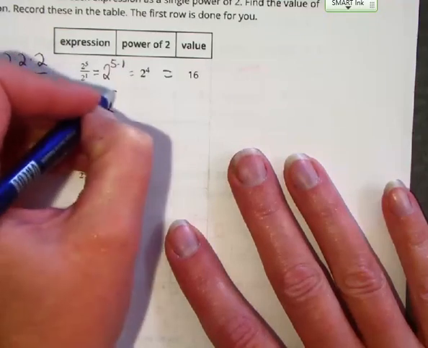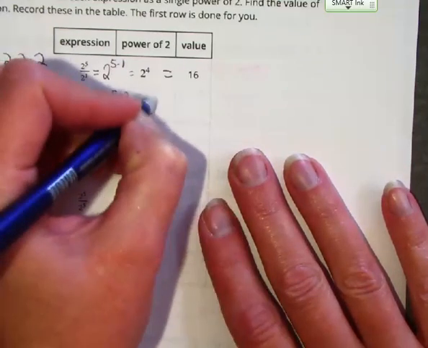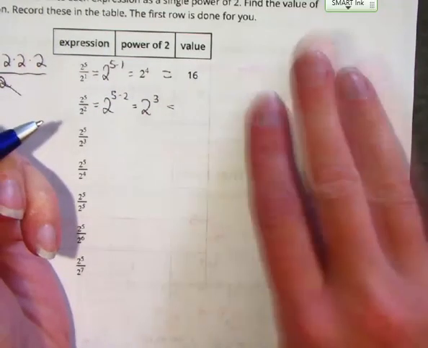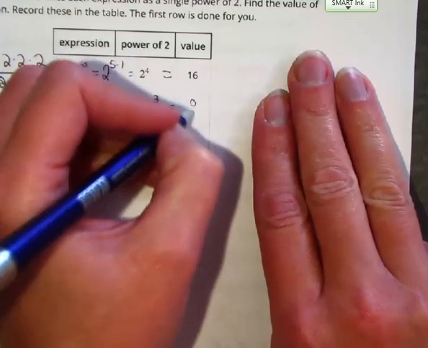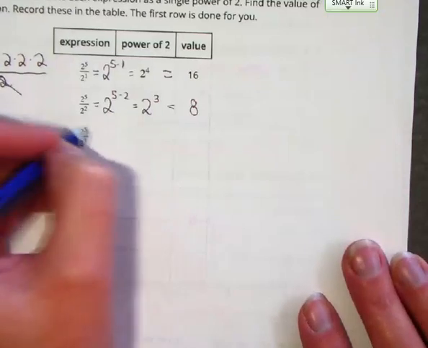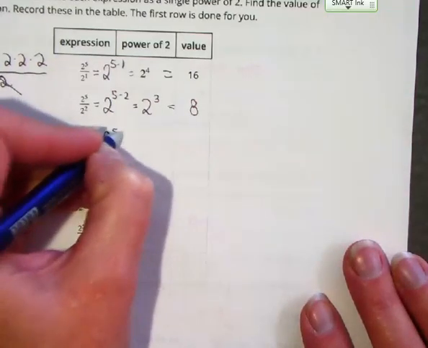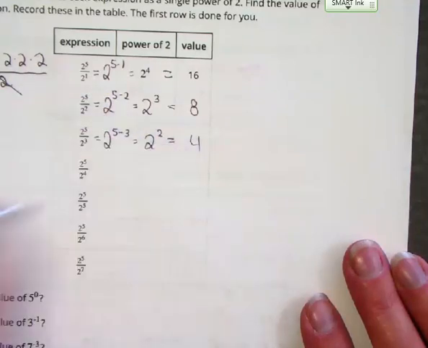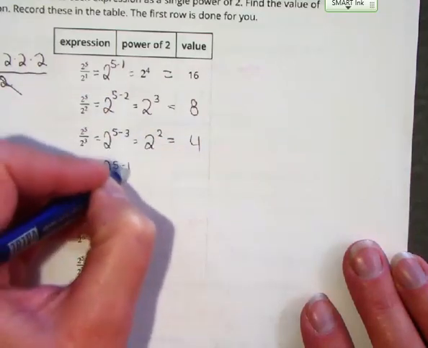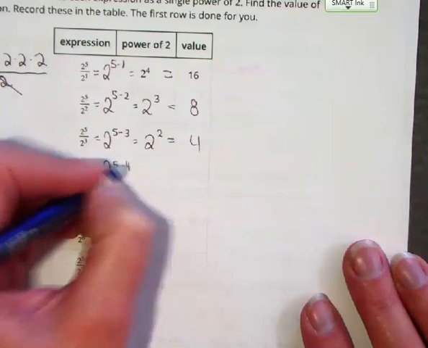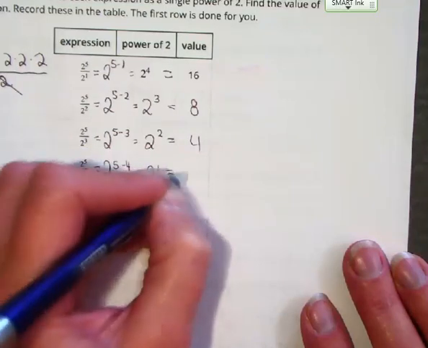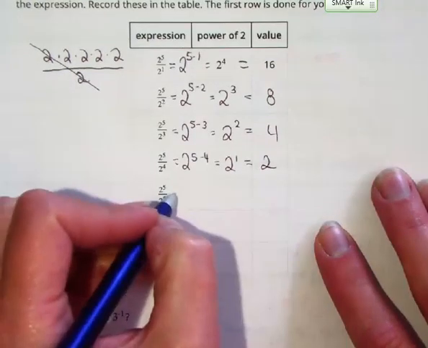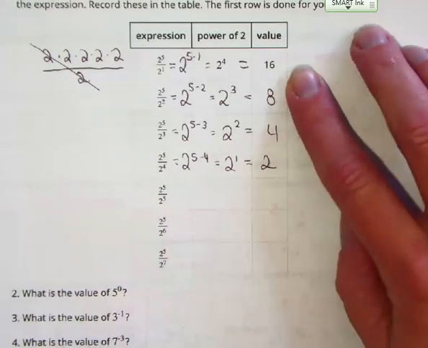Our next row down, we'd have 5 minus 2. 5 minus 2 is, of course, 3, which means we just have 2 times 2, which is 4 times a third 2, and 4 times 2 is 8. I'm just going to keep on filling this out all the way down. And I'm noticing another pattern going on here too.